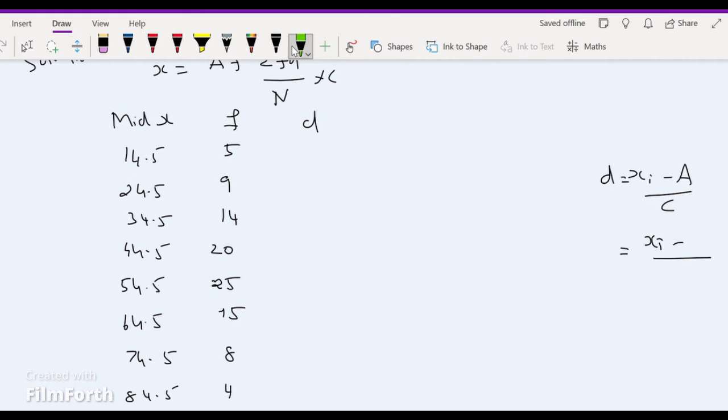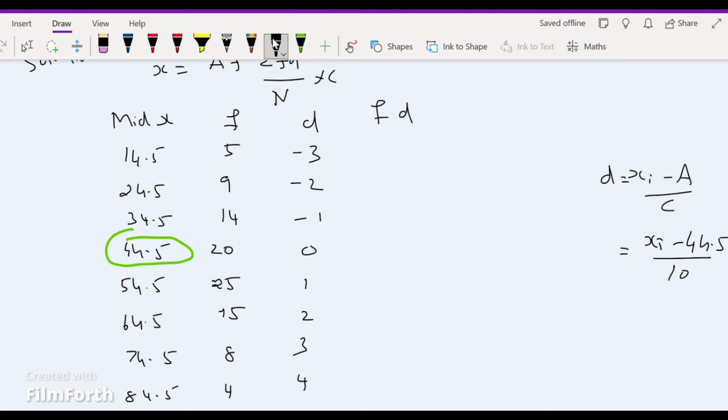So we can take this 44.5. Let us assume this one is A. C, class interval, is 10. So first find d, that is 14.5 minus 44.5 divided by 10, that is minus 3. Similarly minus 2, minus 1, 0, 1, 2, 3, 4.